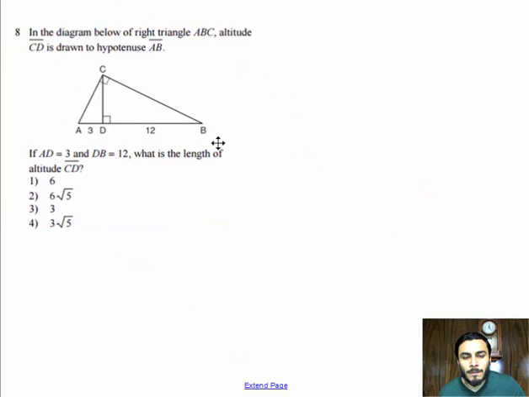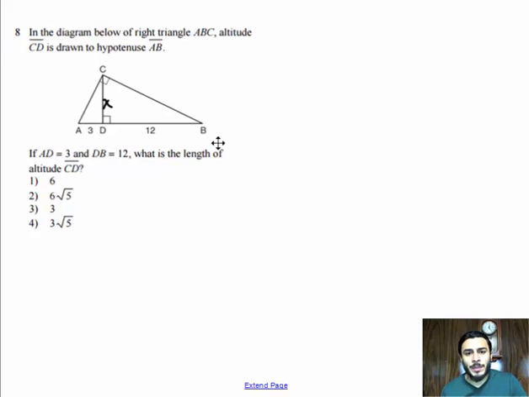Number 8 says in the diagram below of right triangle ABC, altitude CD is drawn to hypotenuse AB. If AD equals 3 and DB equals 12, what is the length of altitude CD? I'll label this X since that is the unknown I'm looking for.